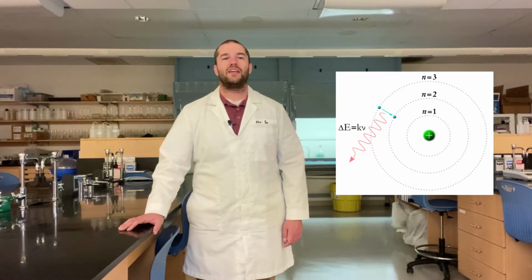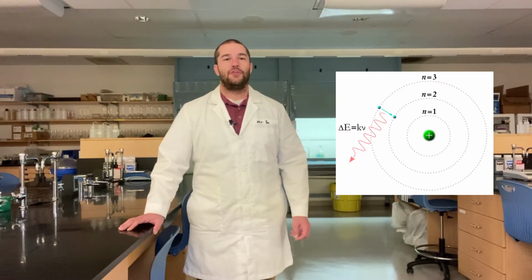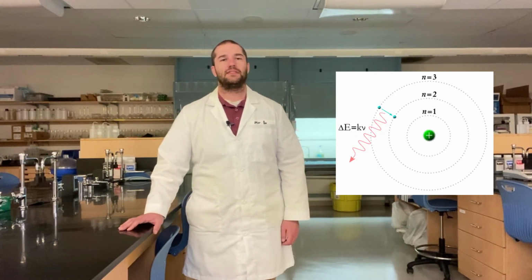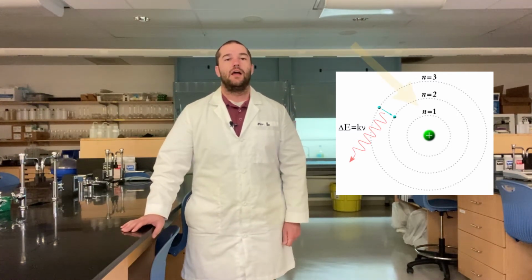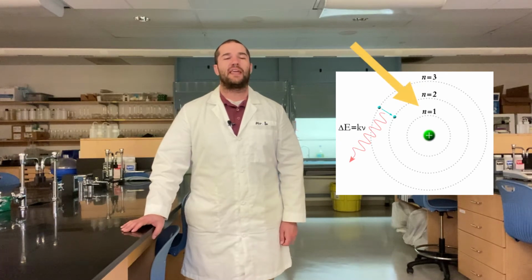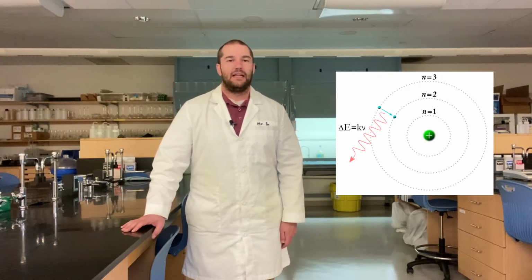So the Bohr model is based off of the hydrogen atom. You're going to have 1 proton in the nucleus and 1 electron orbiting the outside of the nucleus. The closest orbital that we have is n equal to 1, which we call the ground state. This is the lowest energy state the electron can be in.